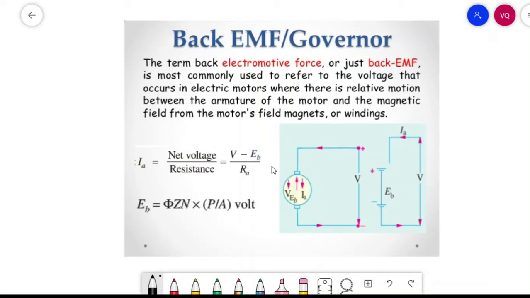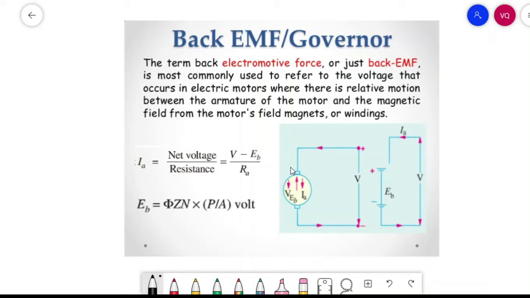Here we can see that the armature current is equal to the net voltage divided by the armature resistance, or equal to the terminal voltage minus the back EMF Eb, divided by Ra.